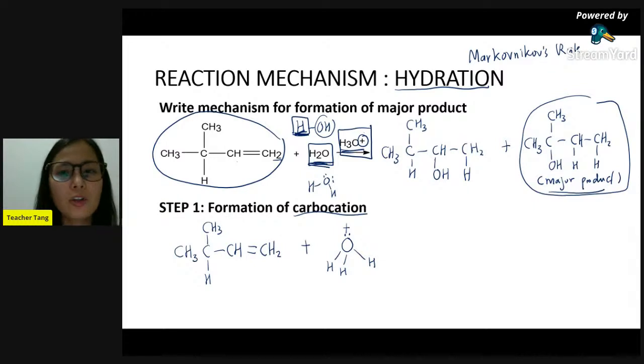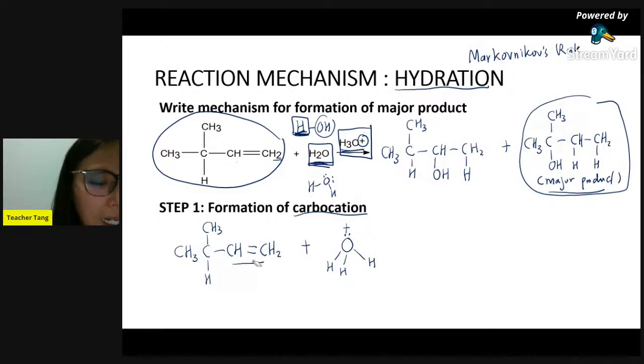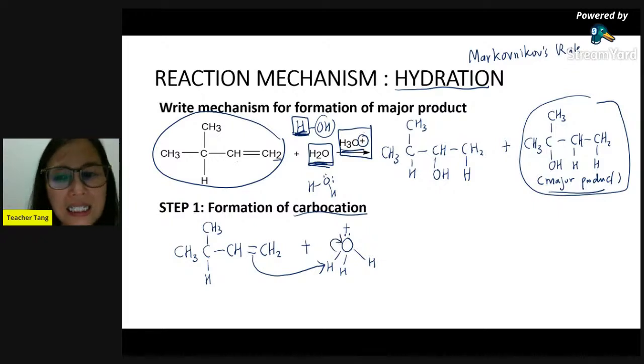So again, mana tempat kaya? So your carbon-carbon double bond. So this carbon-carbon double bond will use the electron to take the hydrogen. And the bond between hydrogen and oxygen will break heterolytically. Sebab this is a polar bond. And oxygen will get the electron sebab more electron negative.